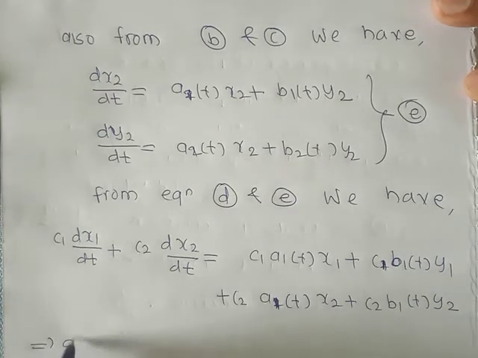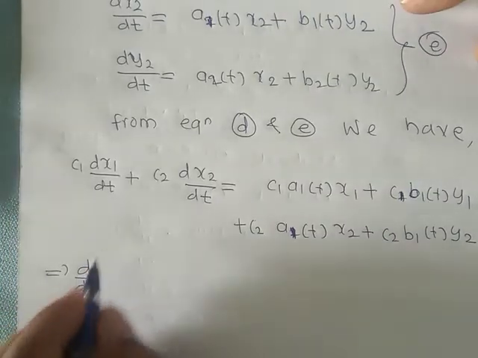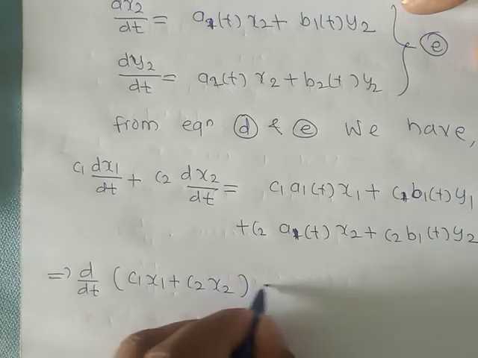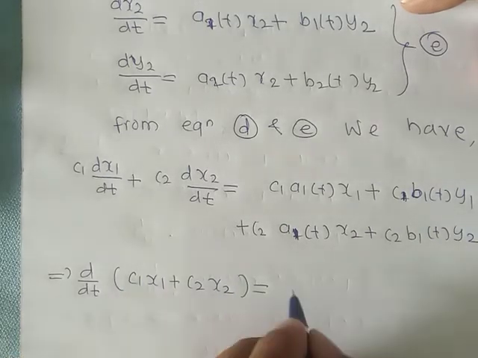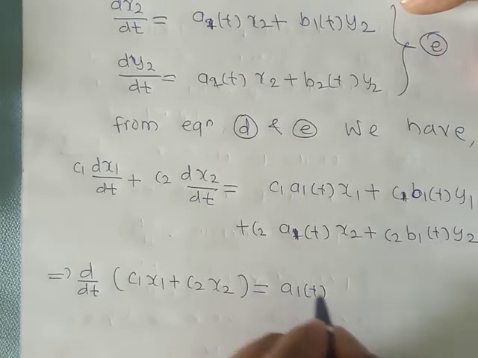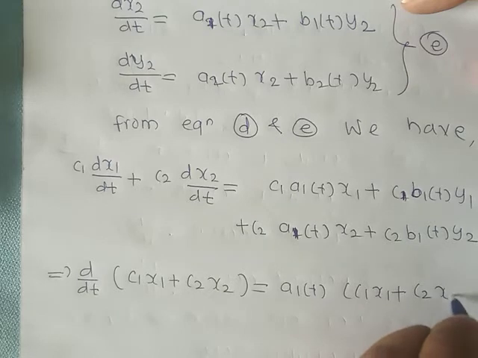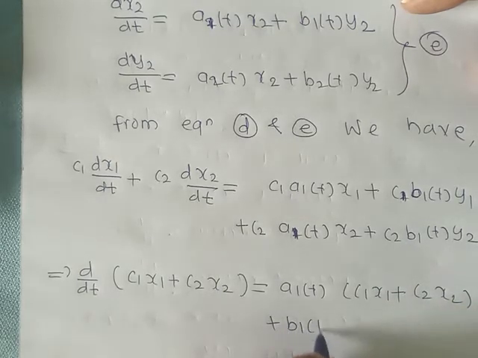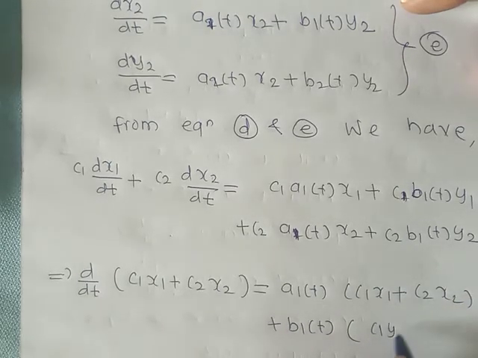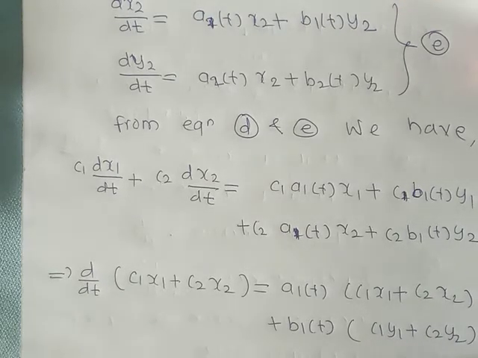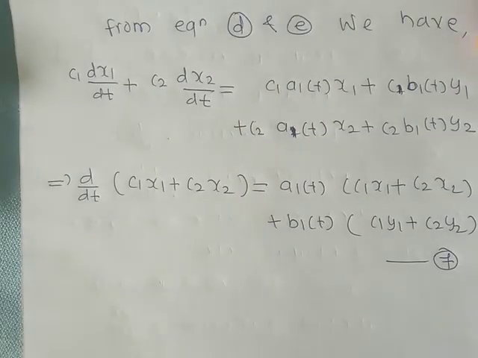This implies that d by dt of c1 x1 plus c2 x2 is equal to a1 of t into c1 x1 plus c2 x2 plus b1 of t into c1 y1 plus c2 y2. Suppose this is equation F.